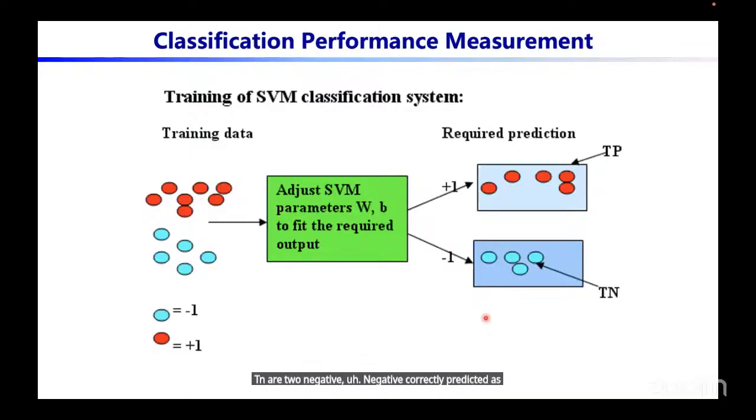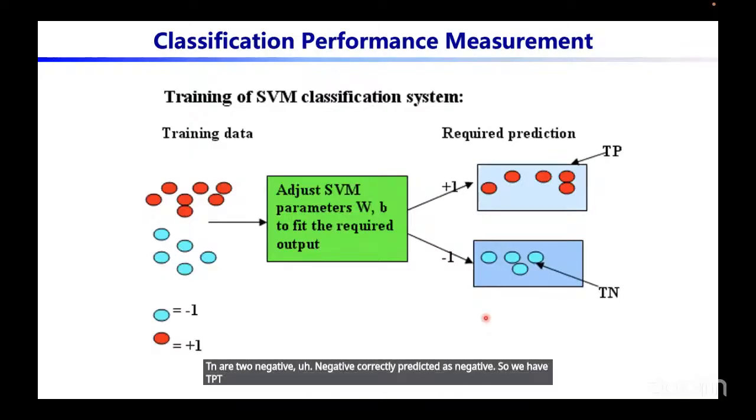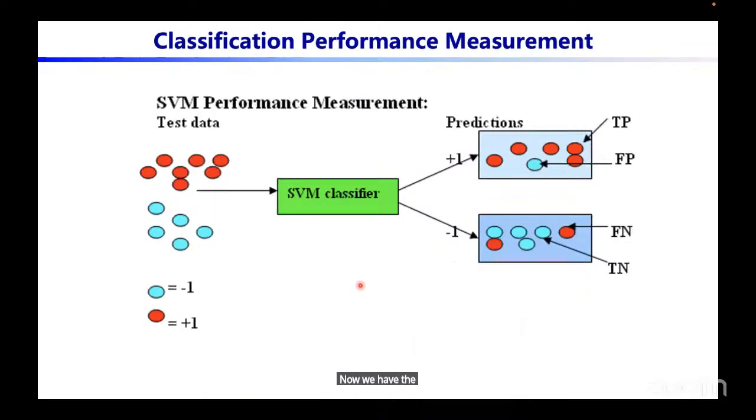So we have TP and TN, these two situations. Now we have the third and fourth situations. In this case, we have a blue one incorrectly predicted as positive. That blue one is labeled as FP, false positive.